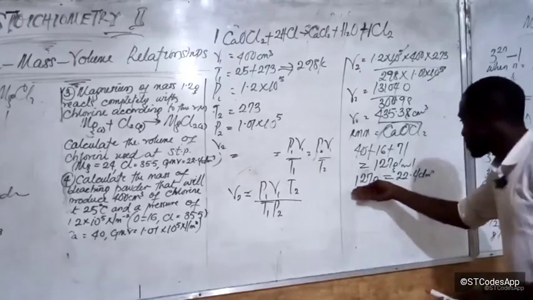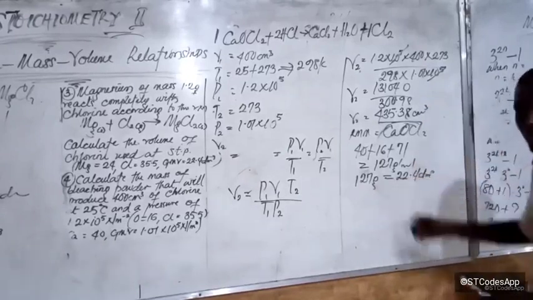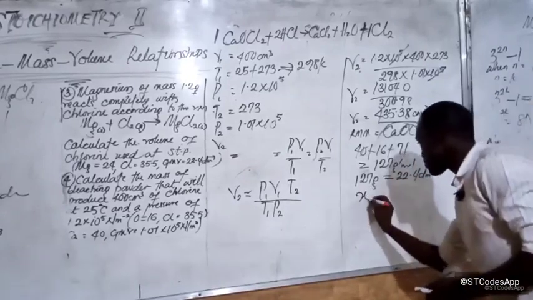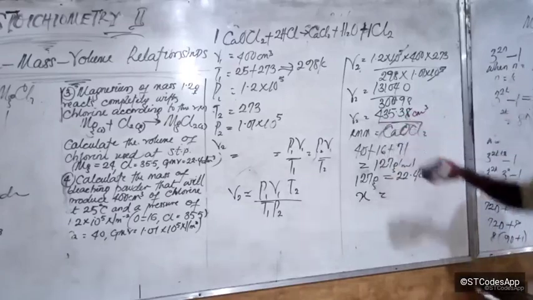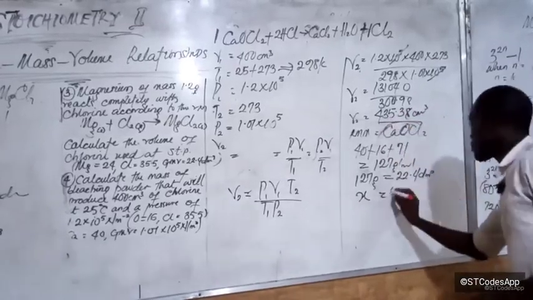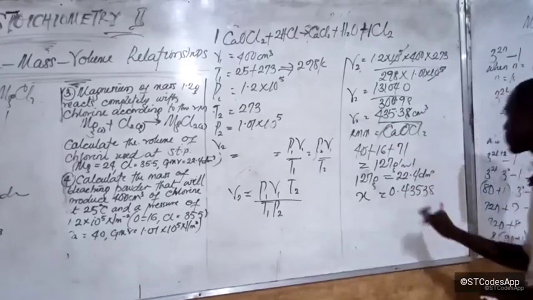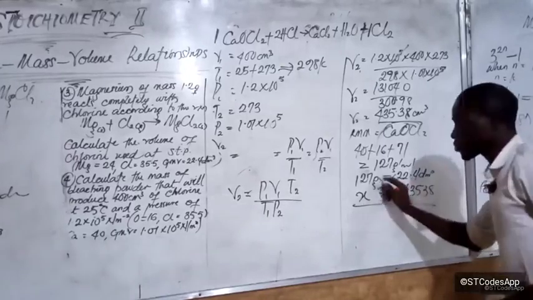So I have 127 grams, we produce 1 mole, and 1 mole is 22.4 dm cube. So how many grams will produce this amount at STP? So we're going to divide this by 1000. If you divide by 1000, you get 0.43538. Is that okay? So we are going to cross multiply, isn't it?